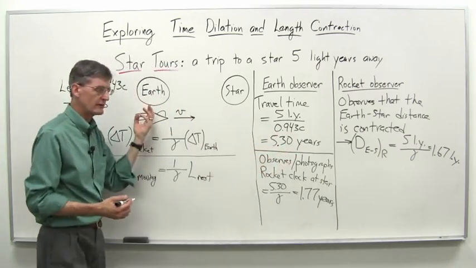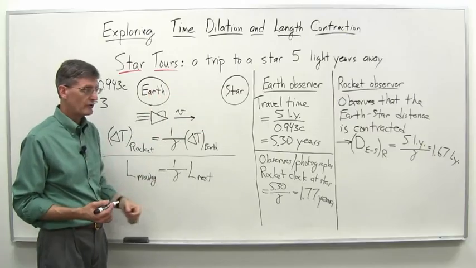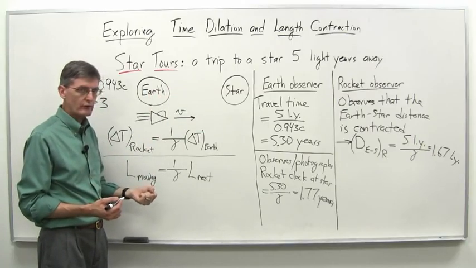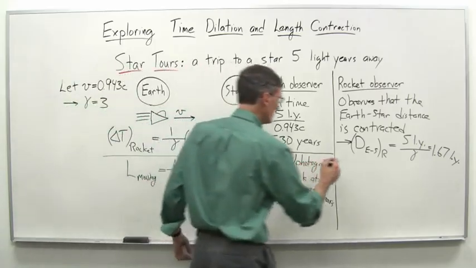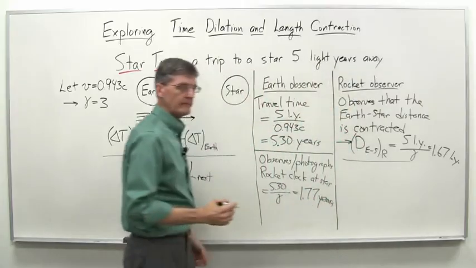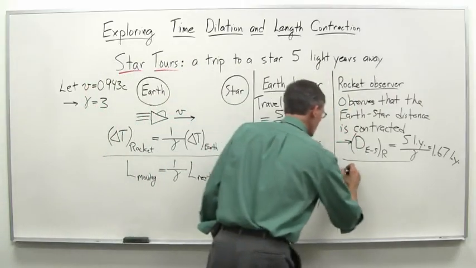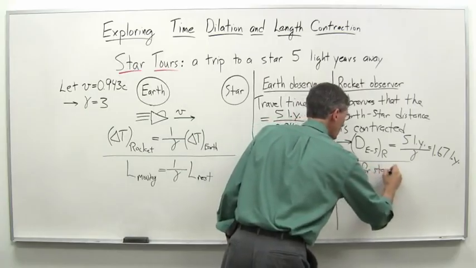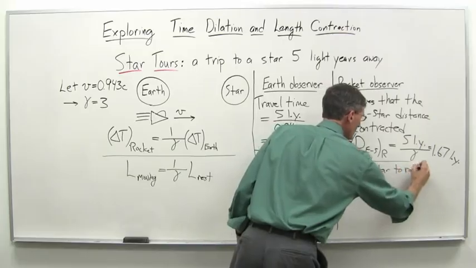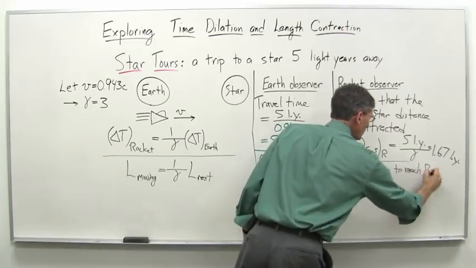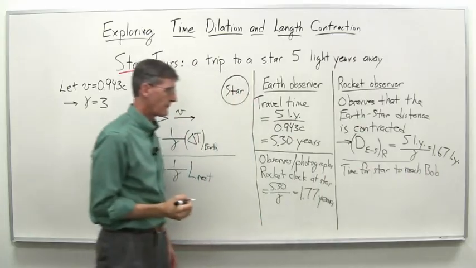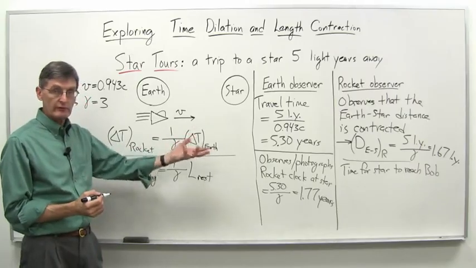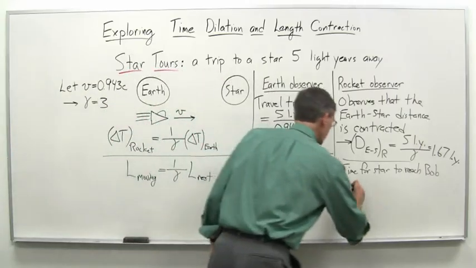Distance the star has to travel to get to Bob, according to Bob, is 1.67 light years. It's traveling at 0.943 c to him. So let's do that calculation. Let's just say that time for the star to reach Bob, we'll say. So Bob is in the rocket. Time for the star to reach Bob is simply the distance divided by the speed, equals 1.67 light years.